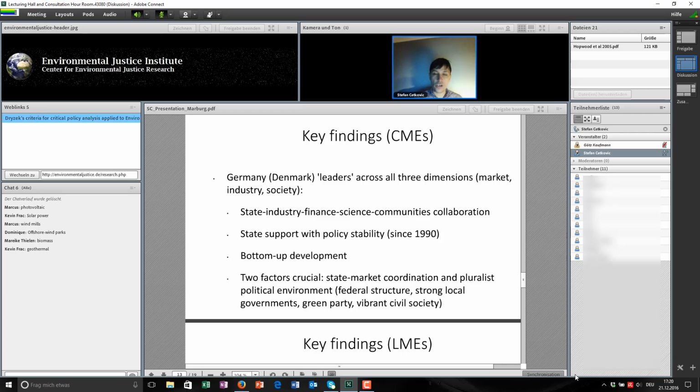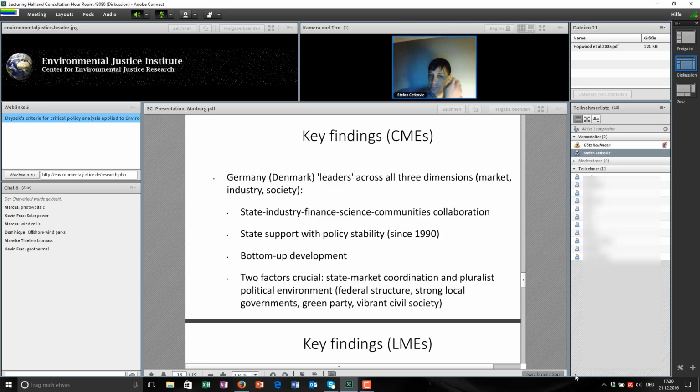In Denmark, the situation is a bit different. Denmark is a more unitary organized country, but it has a long tradition of decentralized energy production, and that tradition of energy being produced at the local level enabled this country to create the space for new innovations and new technologies to be embraced by society, and then also through state market coordination to be developed into new competitive economic sectors.